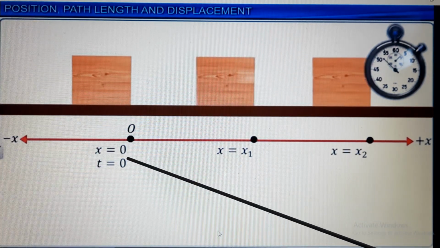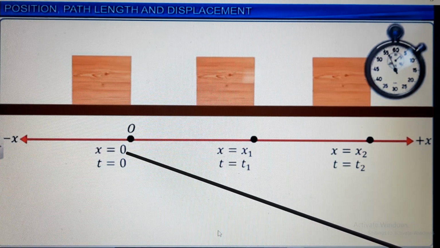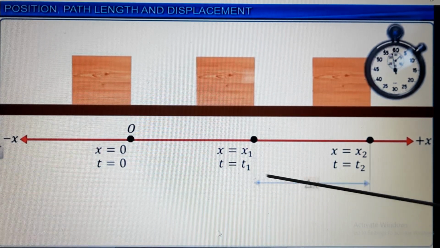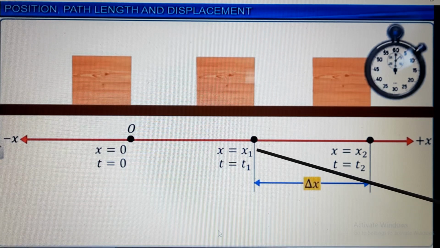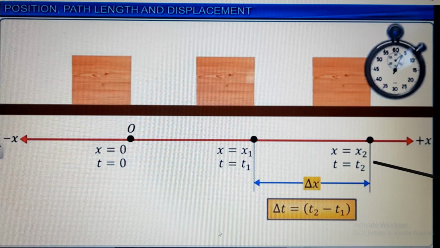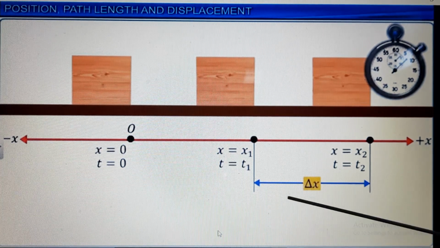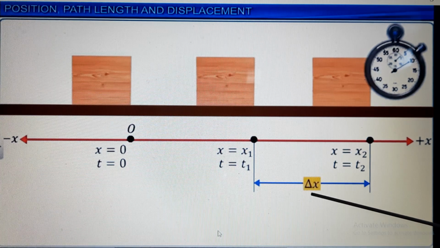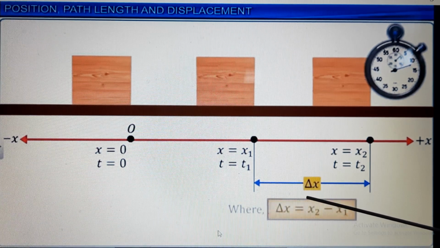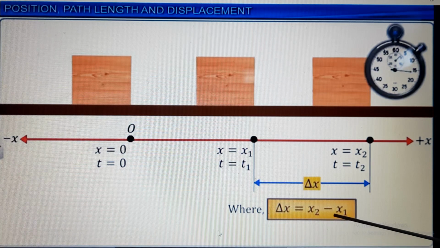Suppose this object at time t0 is at position x equal to 0. But after time t1 it reached position x1 and at t2 it reached x2. So delta x is the displacement. Delta x is equal to x2 minus x1.